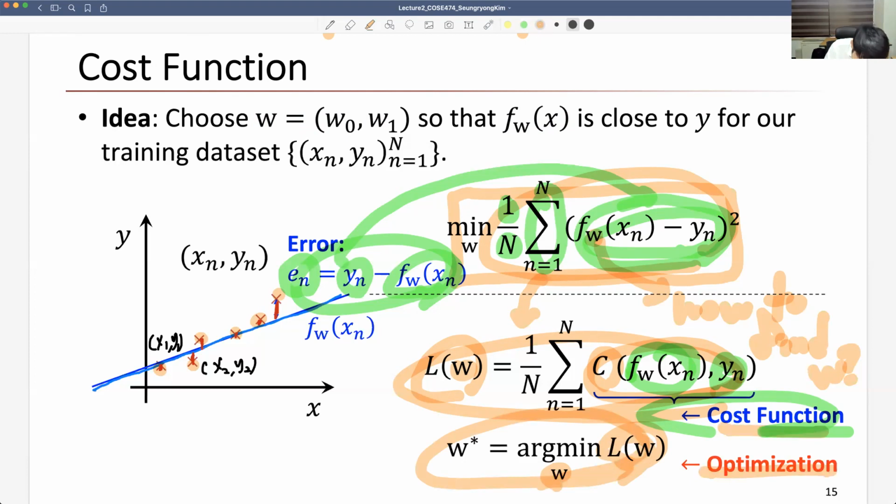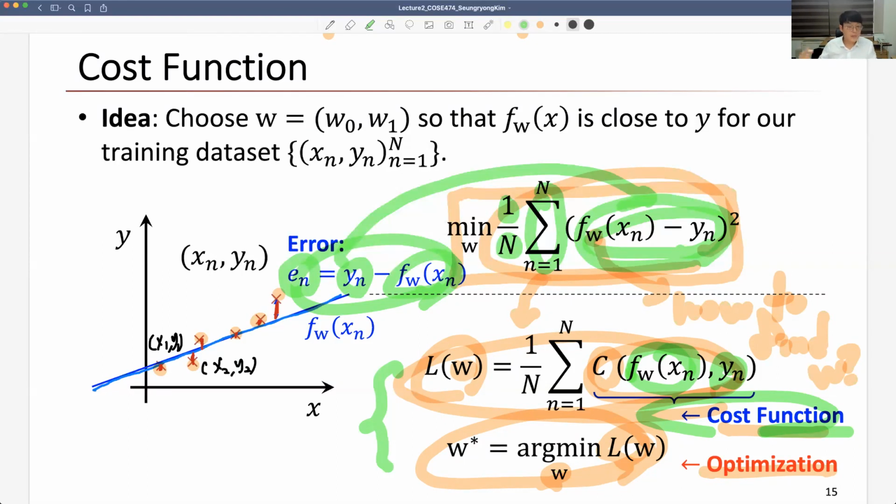Okay. So this is general terminology in machine learning. To summarize, we have to define the cost function first, and then minimize this cost function in terms of the learnable parameter W. When we arrive at the minimum point, we can say that this parameter W is the optimal parameter.